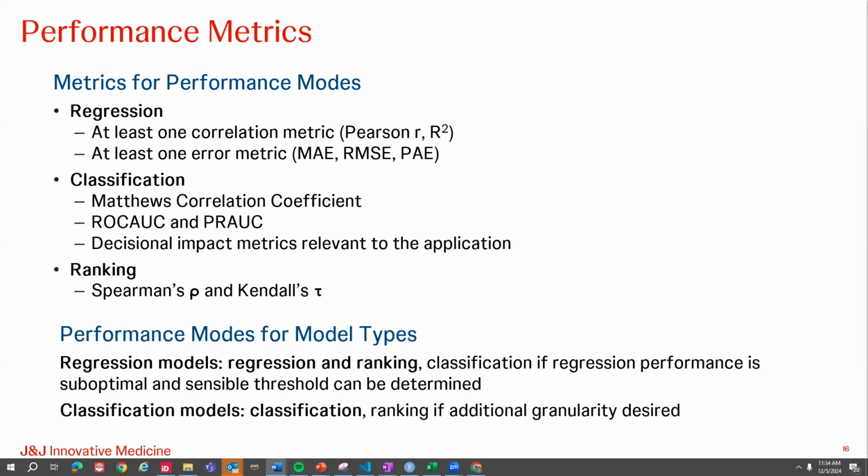The area under the curve metrics are useful because they evaluate performance over a range of thresholds that may be used in practice. So area under the ROC curve is useful when you care about classes equally. Area under the PR curve is useful when you only care about the positive class. So like in virtual screening or deciding what compounds to make.